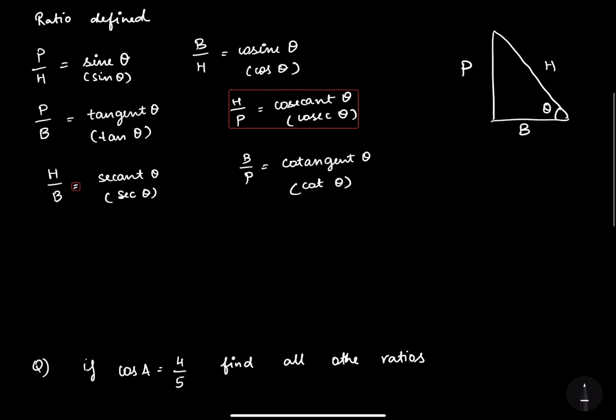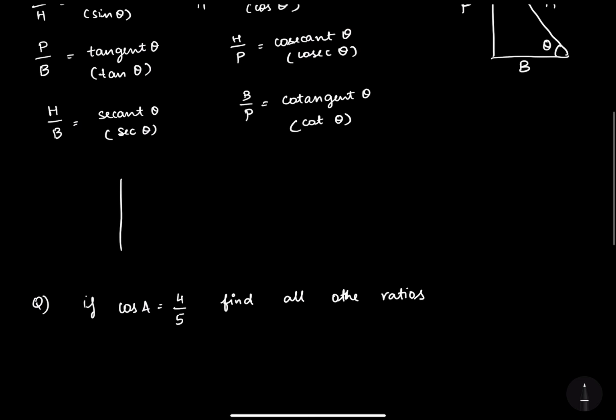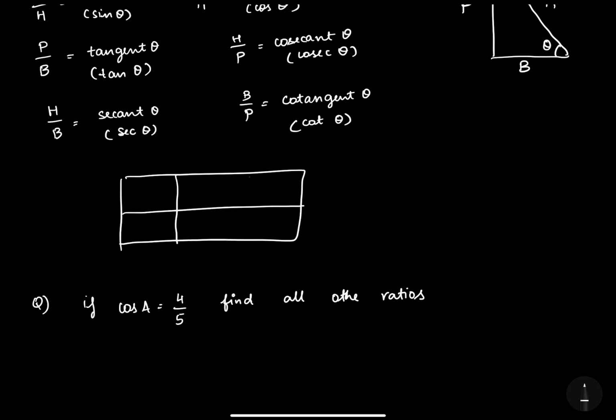So we have a table with 3 columns and 2 rows. I'll write P by H, B by H, and P by B. Now I'll write sine here, cos here, and tan here. Similarly, I'll write cosec here, sec here, and cot here.